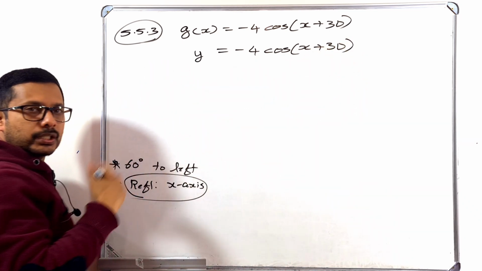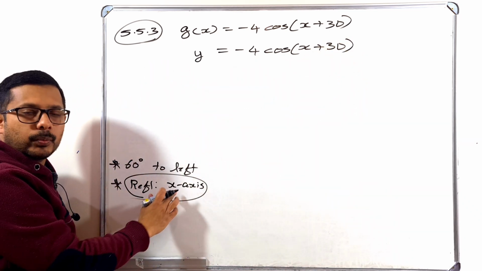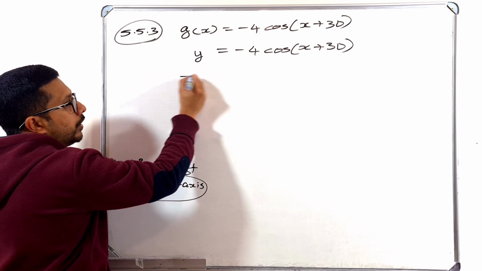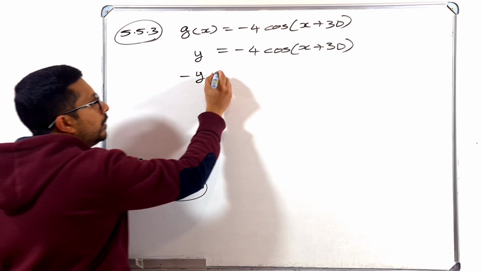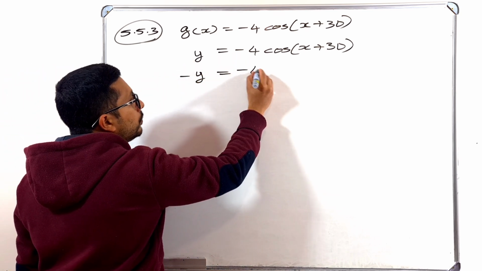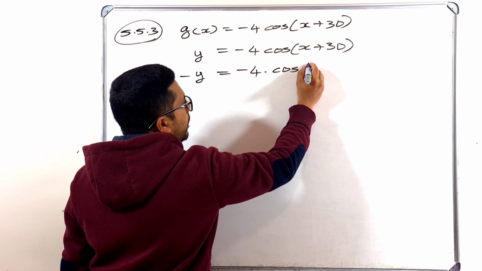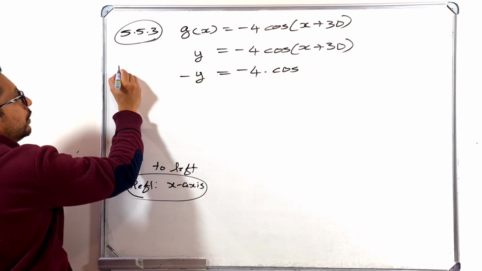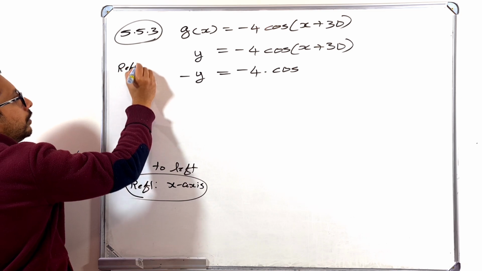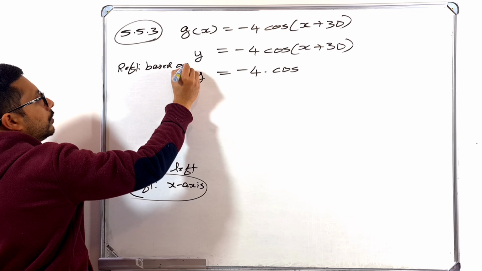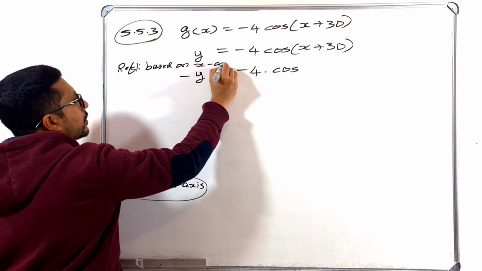So if the reflection is based on the x-axis, I'm supposed to change the sign of y. That means this y becomes -y is equal to, don't change this sign now, -4 into cos of x plus 30. Let me write here: reflection based on x-axis.